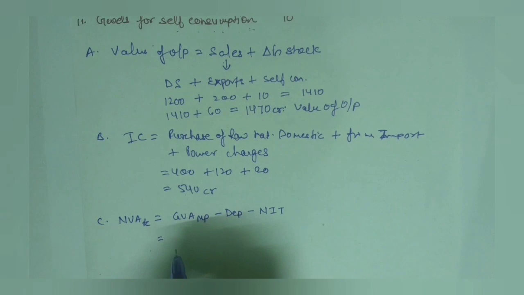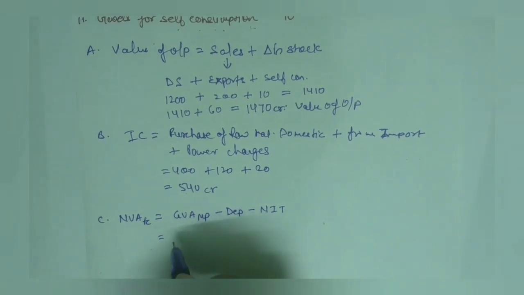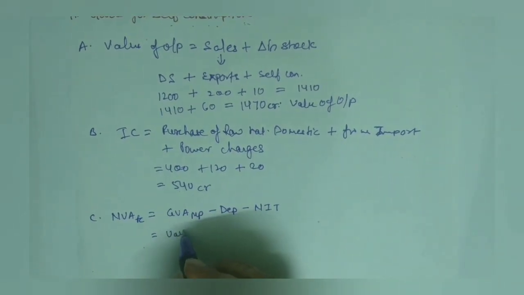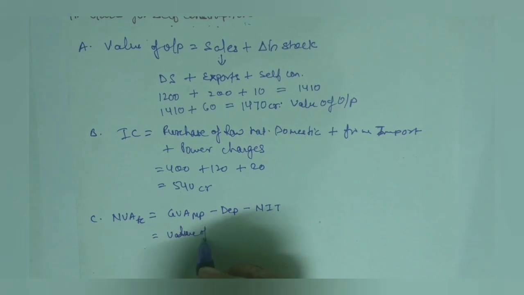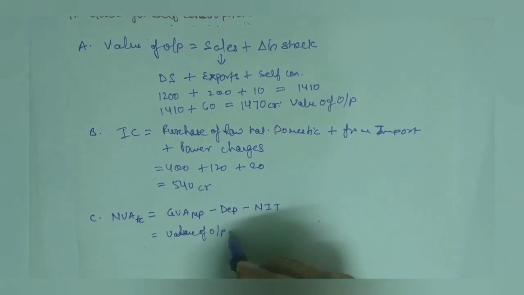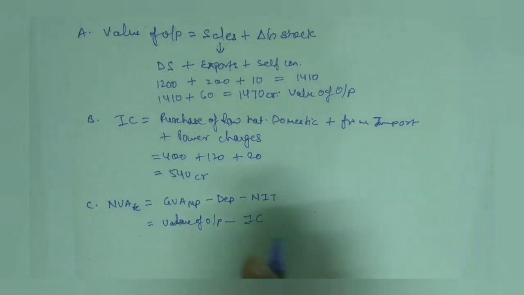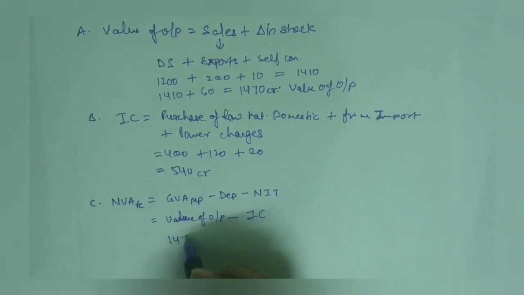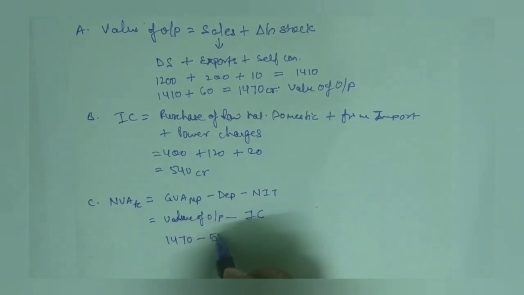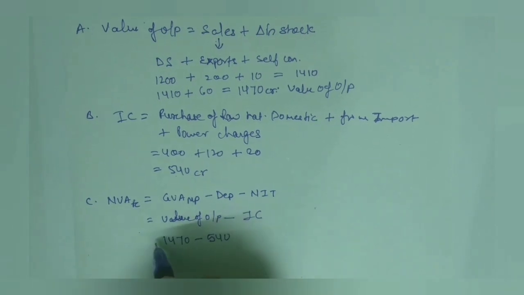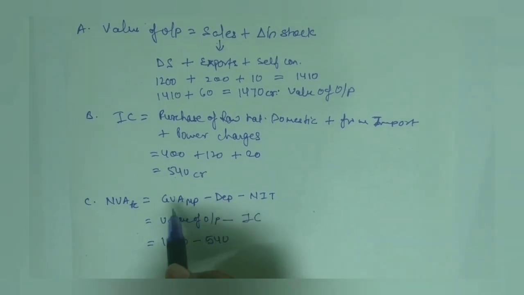So GVAMP will be calculated as value of output minus intermediate cost, which we have calculated already. So your value of output is 1470 minus 540, right? So this is the value we have written for GVAMP.